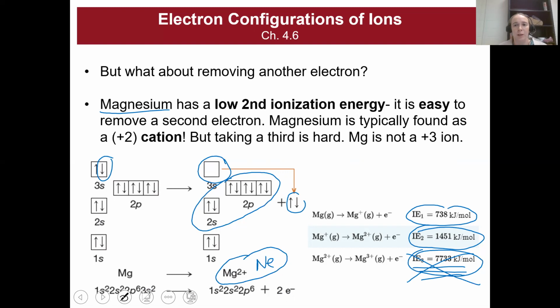So that means magnesium is not typically found as a +3 ion. It would take a lot of energy, and nature doesn't supply it with that energy. So you don't find magnesium as a +3 ion out in the world. You can make it, but you'd have to supply a bunch of energy, see?